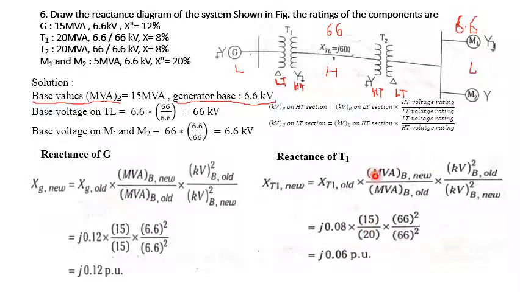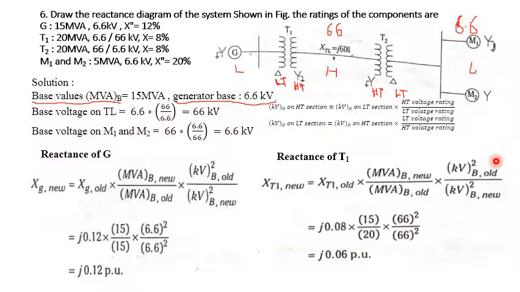So what is the MVA base new value? This value will remain the same for the entire network, that is 15. What is the old value which they have mentioned in the numerical? That is 20. 15 by 20 into kV base squared old value. Here the question comes: on the transformer side, which one are you considering, the primary or the secondary?